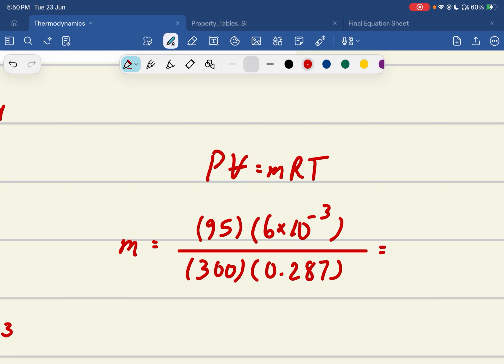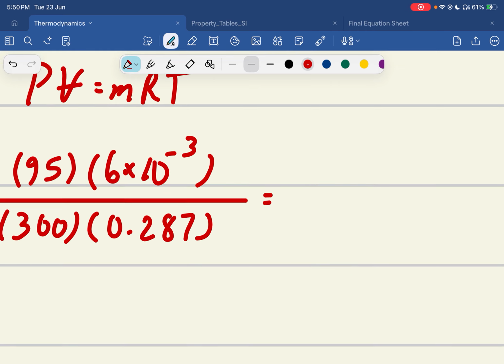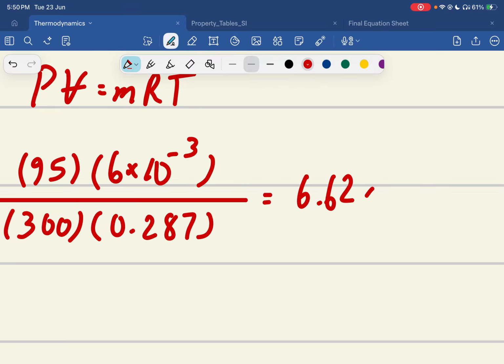And that's going to give you 6.62 times 10 to the negative 3 kilograms.